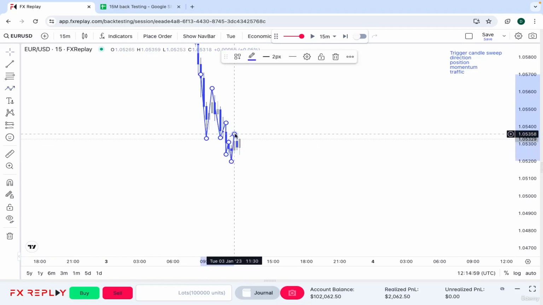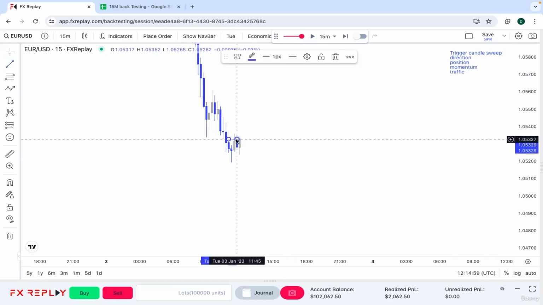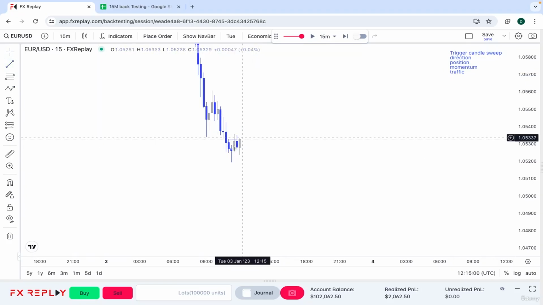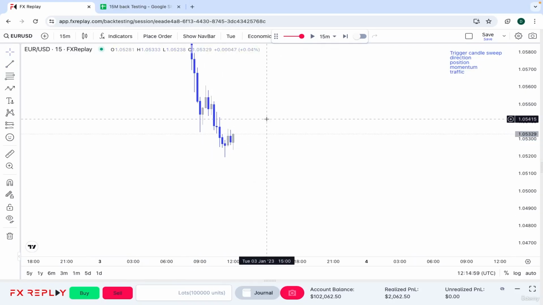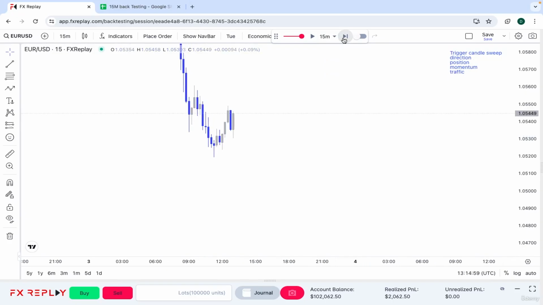We've broke. It's a mini break, but it's still a break. So we've just broke bullish here, but as you can see, we're still very bearish here. So I'm not going to take that, but it does look like it could retrace. There we go, look. That would have been a win.